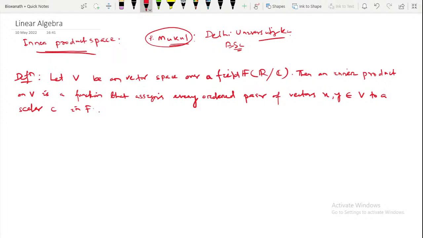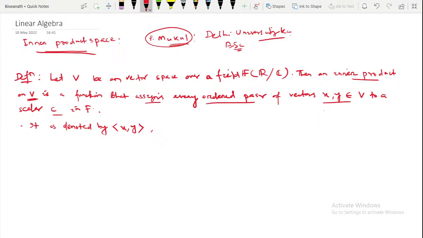So what is an inner product? An inner product on a vector space V is a function that assigns every ordered pair of vectors x comma y belonging to V to a scalar C in F, and it is denoted by this symbol, in this bracket, x comma y.